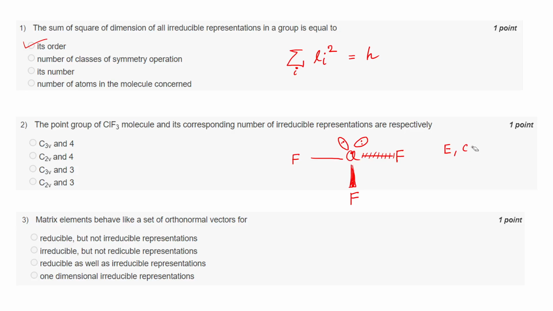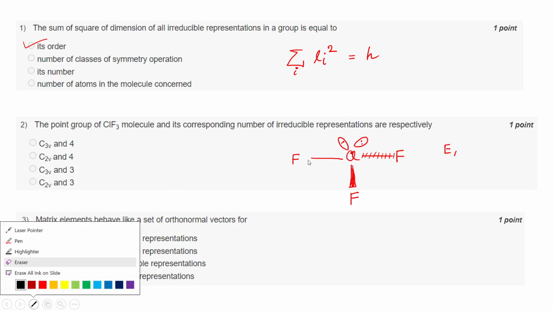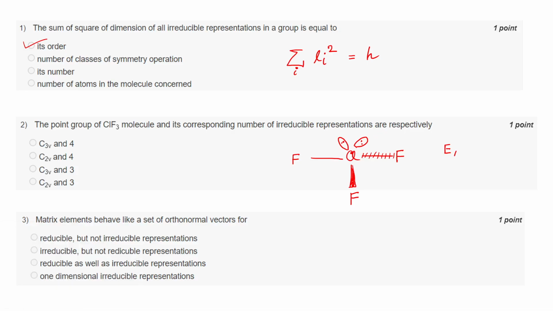But it can have a C2, right? Yes, along one of the bonds, the Cl-F bond containing the lone pair. Which one? Tell me. Along this Cl-F and lone pair line it can have.